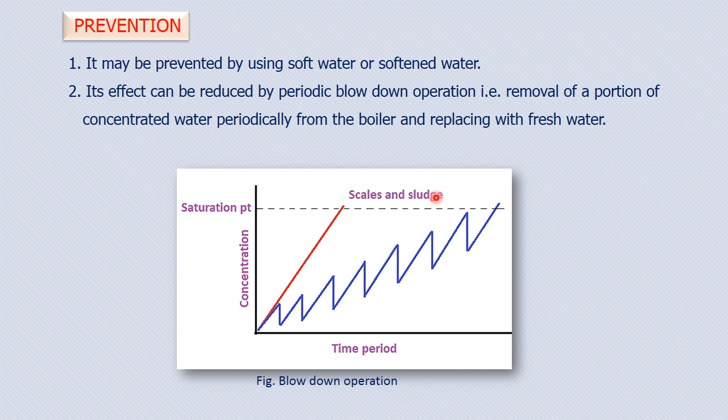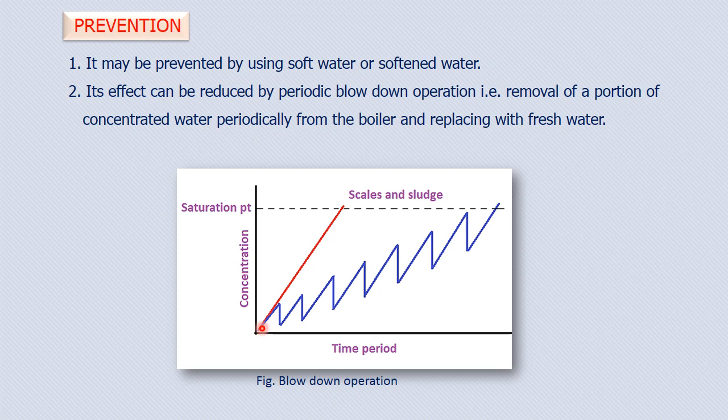It means the concentration of the salt inside the boiler drops because of the blowdown operation. Again there will be a small disturbance for 5 minutes in the production of steam, and then it continues. Again we continue to produce steam, so this blue line shows the concentration of the salt increasing.